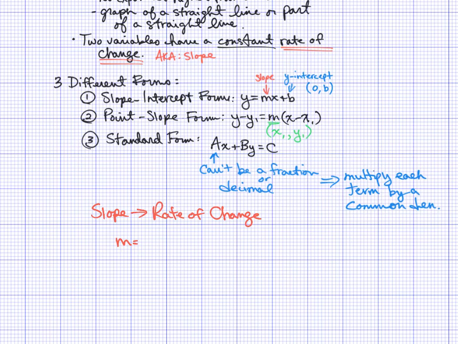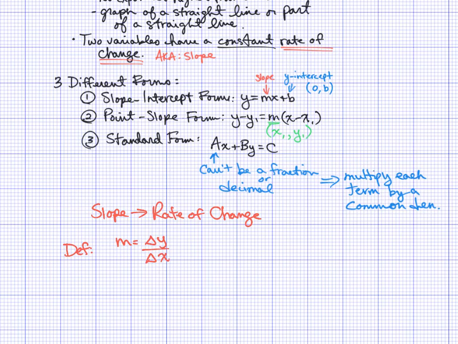In general, we can write it like this: delta y over delta x, where delta represents the change in y over the change in x. I'm using y and x because most likely we're going to be using those as our two variables, but they really could be any two variables showing the relationship.